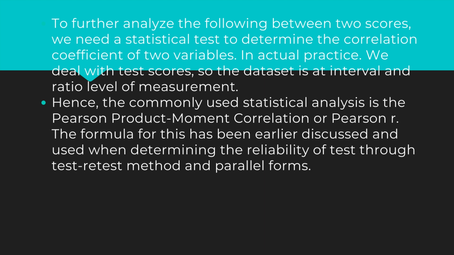The formula was discussed earlier and used when determining the reliability of tests through the test-retest method and parallel form. The Pearson product moment correlation is a measure of linear correlation between two sets of data.